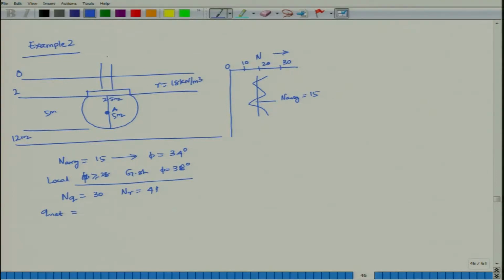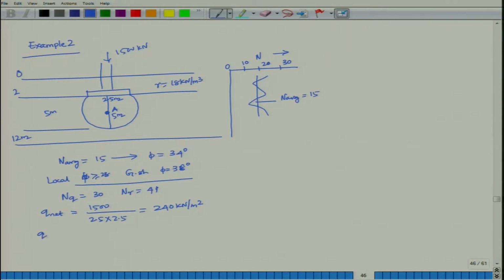Load intensity is coming out to be 1500 kilonewton. So, net load intensity will be 1500 divided by 2.5 by 2.5, which is equal to 240 kilonewton per meter square.